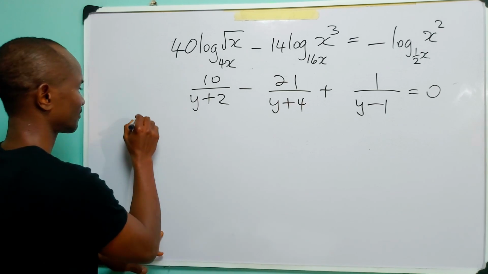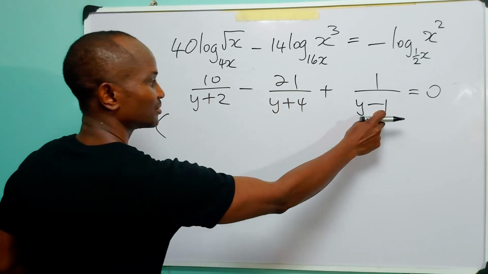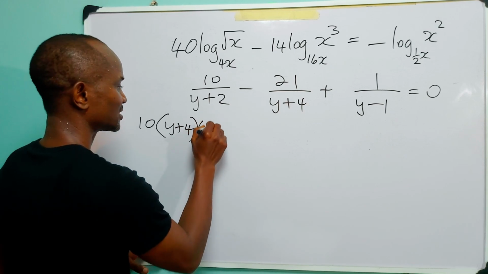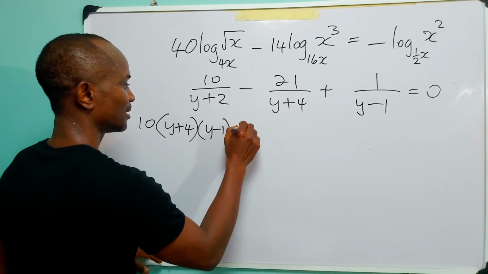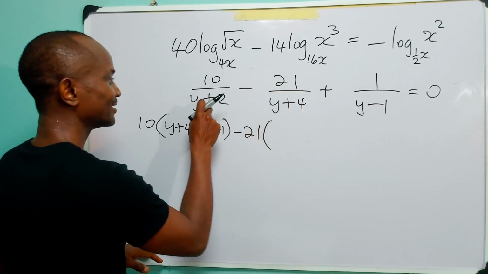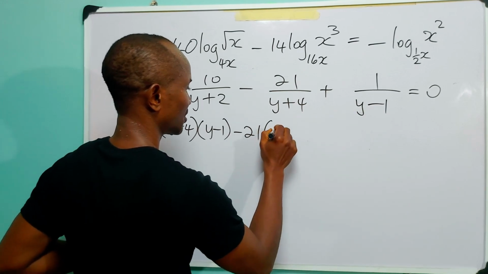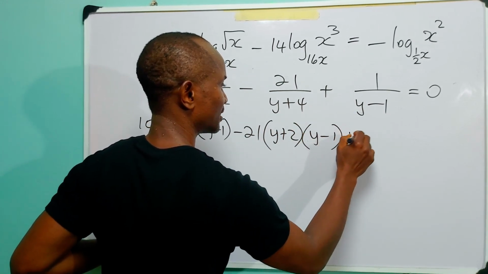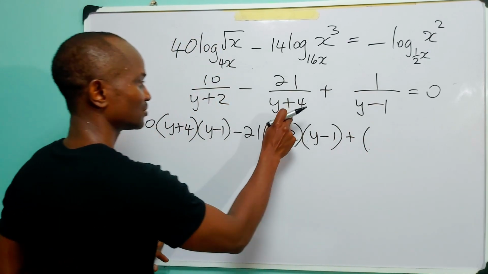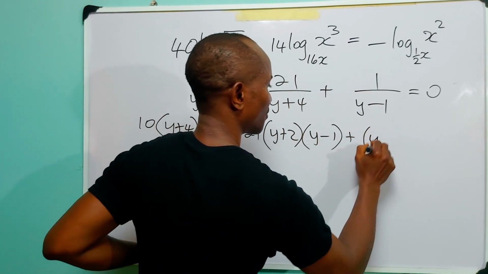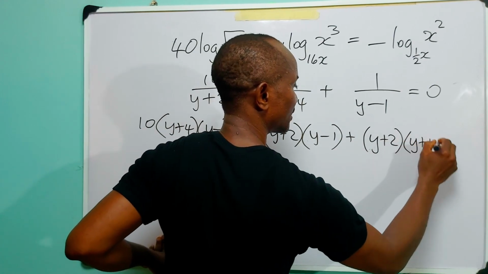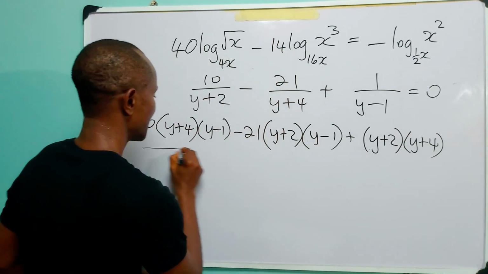We have 10 into y plus 4 multiplied by y minus 1, minus 21 into y plus 2 multiplied by y minus 1, plus 1 into y plus 2 multiplied by y plus 4.